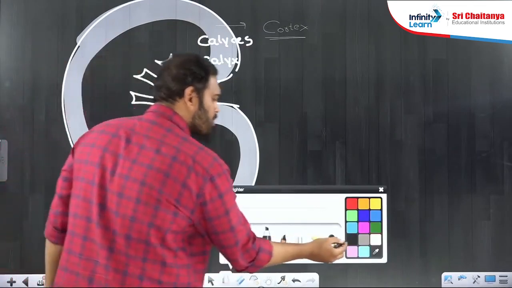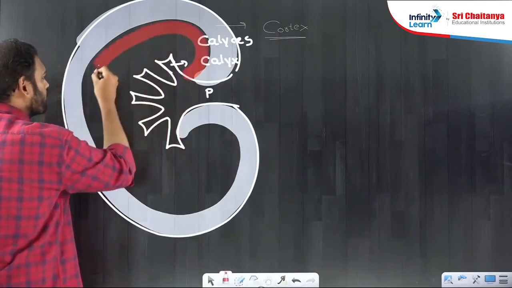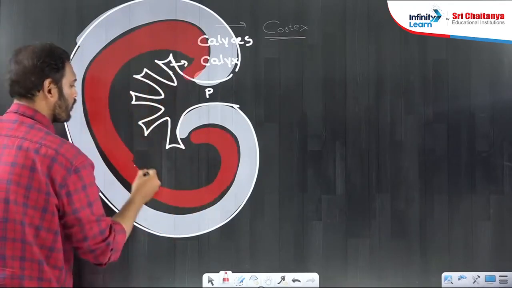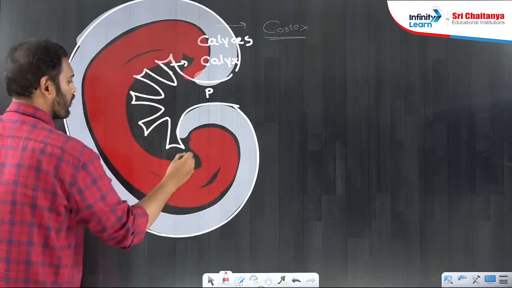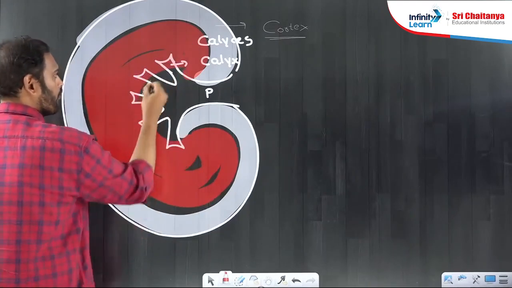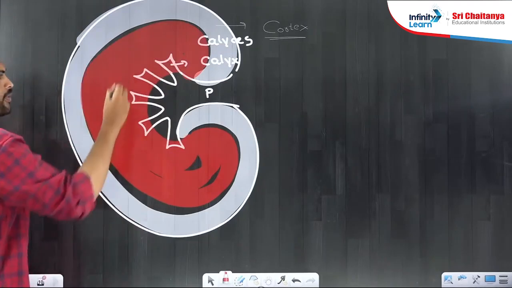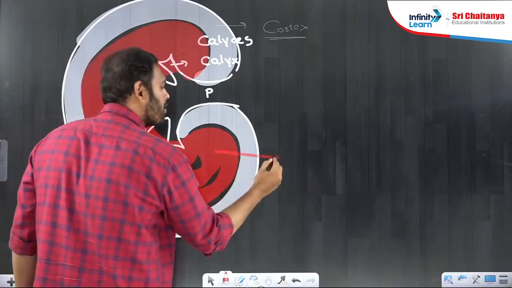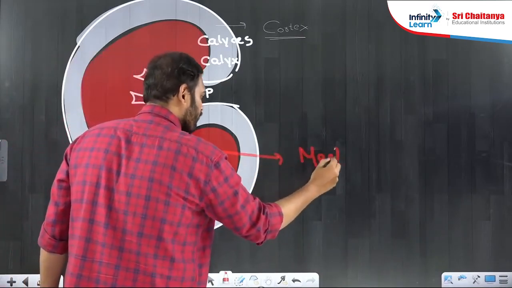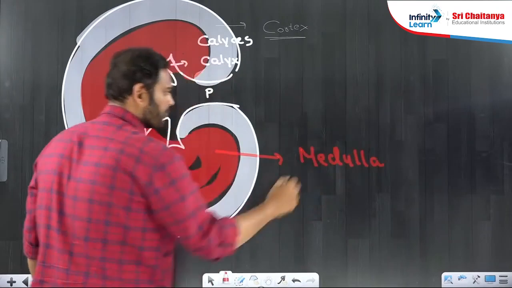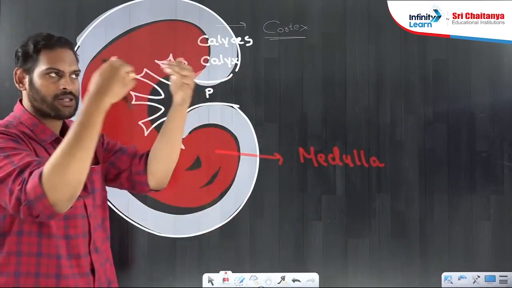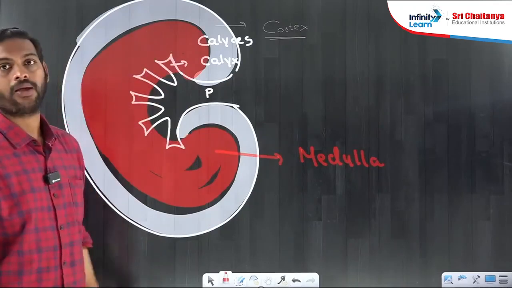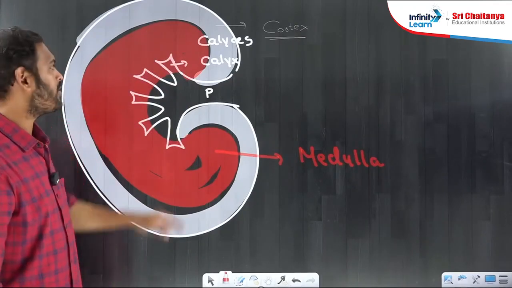Whereas the interior, this entire interior part of the kidney, is called the renal medulla. Outside cortex, inside medulla. But in the kidney, the medulla is not exactly how you think of it.